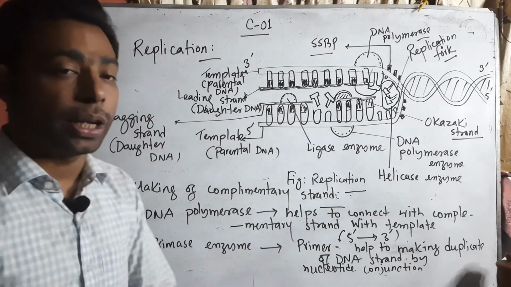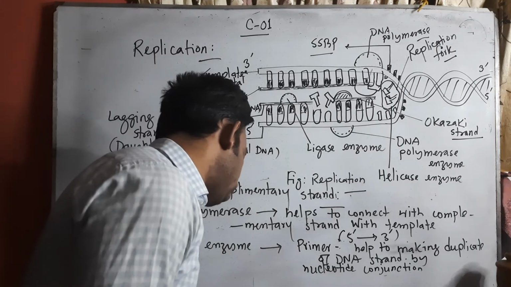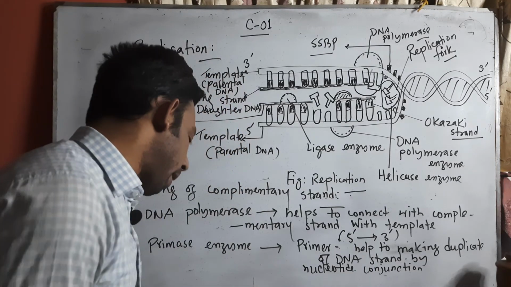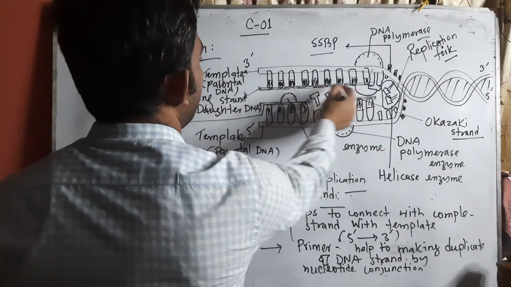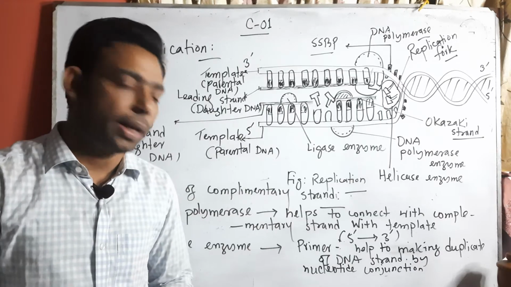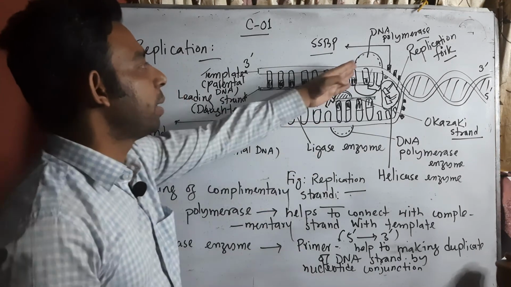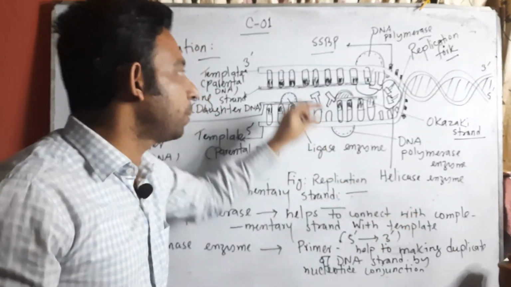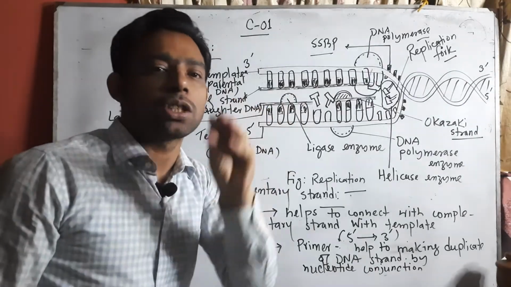So this is also a very important thing that primase enzyme is working on here. Primase enzyme also has some RNA that this strand can connect with. They can produce a small amount of RNA in this case, and DNA polymerase enzyme 3, another DNA polymerase enzyme, finally makes sure of the separation of the RNA strand, the complementary strand produced in a small amount.